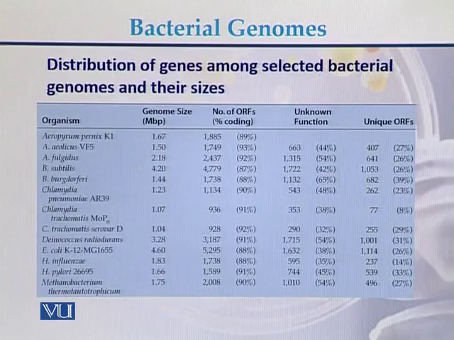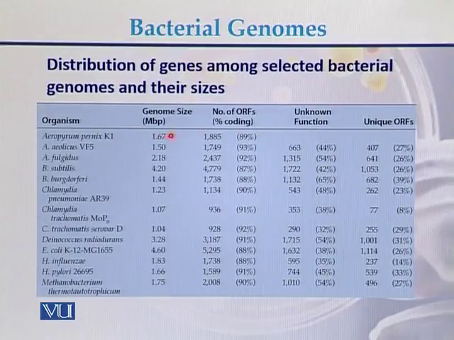This is another example about the distribution of genes among selected bacterial genomes and their size. Here we can see the genome size in MB, million base pairs, and the number of ORFs, along with the percentage of the coding sequence of the genome.